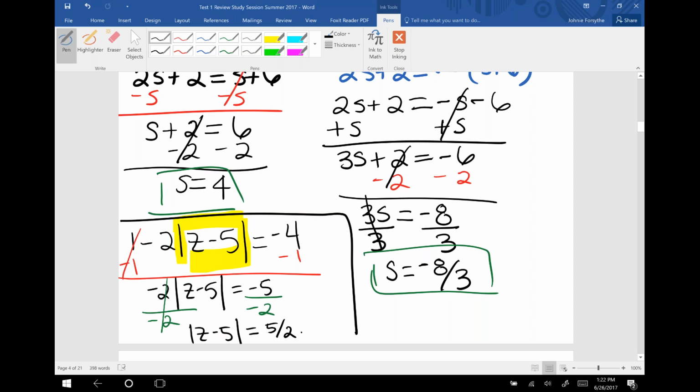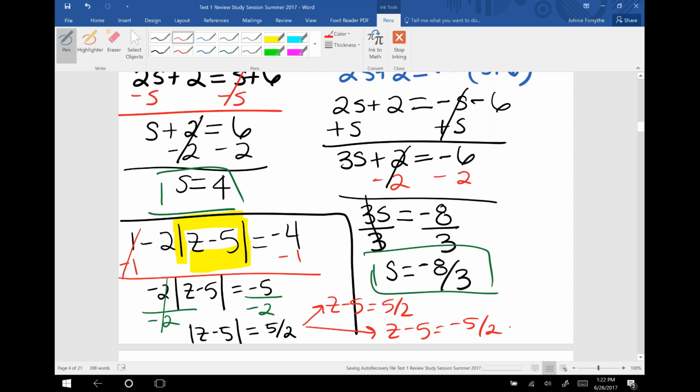Now you're ready to do the two equations. You would do the first one, z minus 5 is equal to 5 over 2. And then you would do z minus 5 is equal to negative 5 over 2. And then you would solve them each individually.